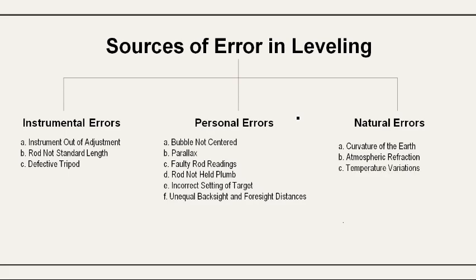Third is temperature variations, or changes in temperature during the survey, which lead to expansion or contraction of the leveling rod. Next is the wind. And next is the settlement of the instrument, and lastly, the faulty turning points. So again, these are the types of errors: the instrumental errors, the personal errors, and the natural errors.